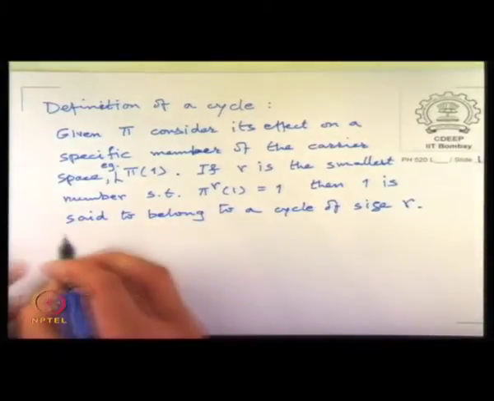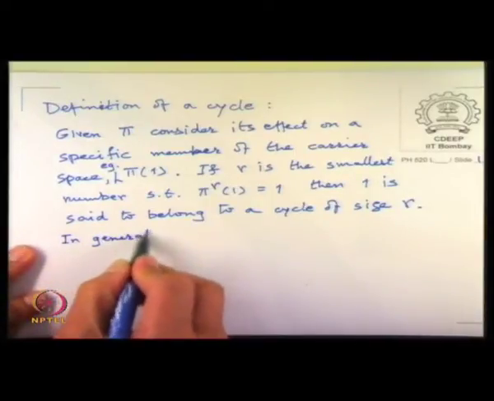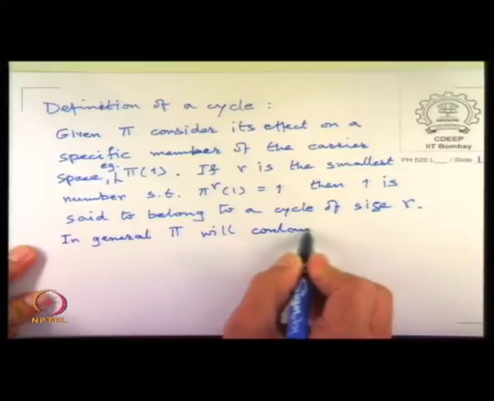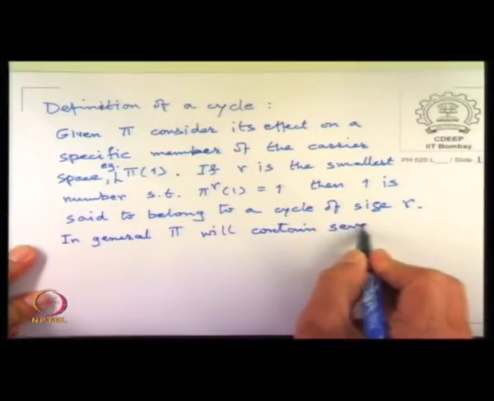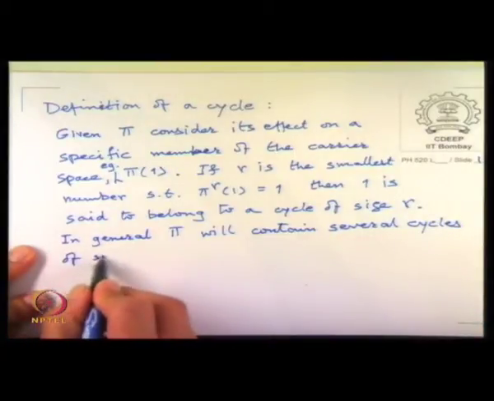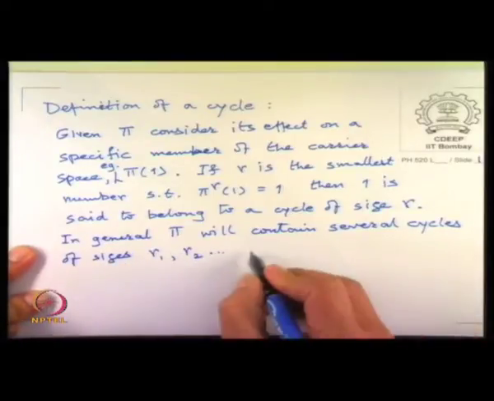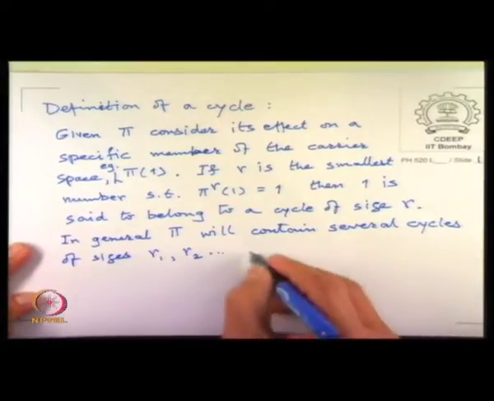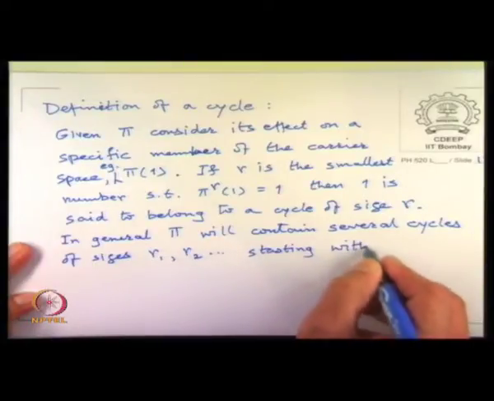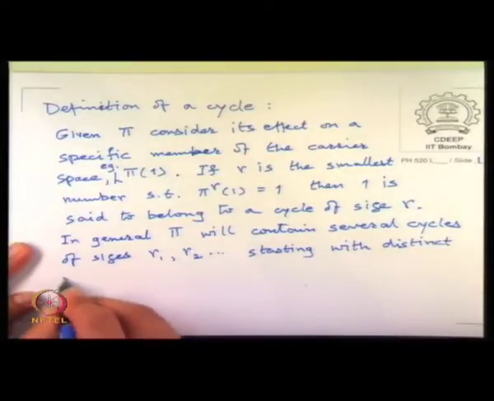So in general pi will split up into several cycles of sizes r1, r2, etc., starting with distinct members of the carrier space.